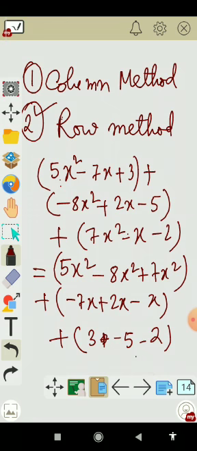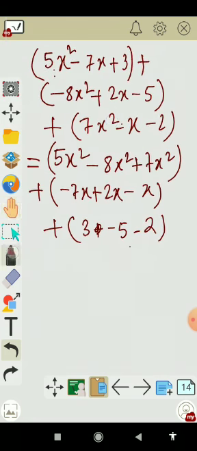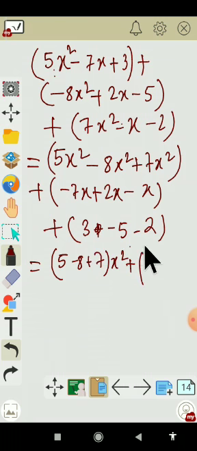Here if you take x square common, you get 5 minus 8 plus 7, and if you take x common you get minus 7 plus 2 minus 1, and if you add the constants you get minus 4.